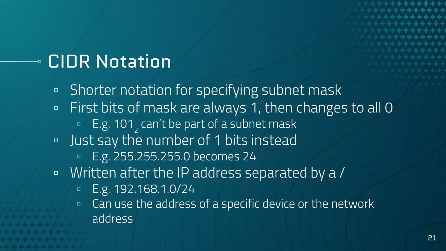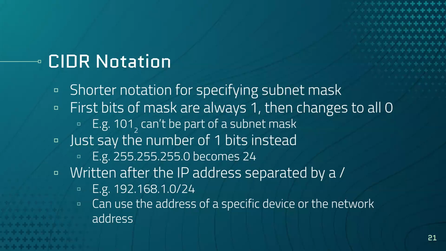Going back to the subnet mask notation, we have this thing called CIDR notation. It's just a shorter way of specifying the subnet mask. This works because the first bits of the mask are always all ones, and then it changes to all zeros. You can't have something like 101 in a subnet mask. It can't switch from 1 to 0 and then back to 1. In our earlier example with 255.255.255.0, the first 24 bits are all ones, and the last 8 bits are all zeros.